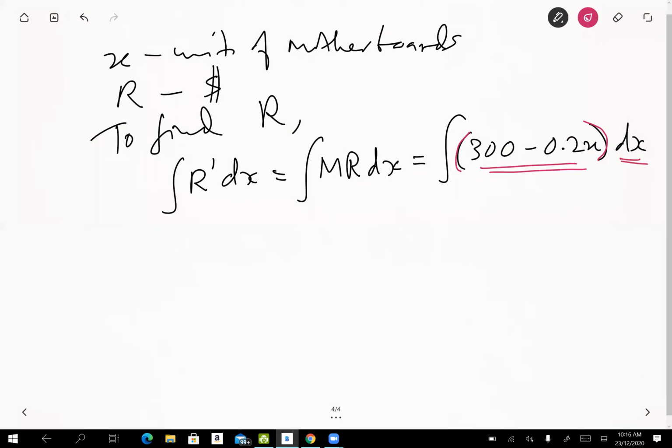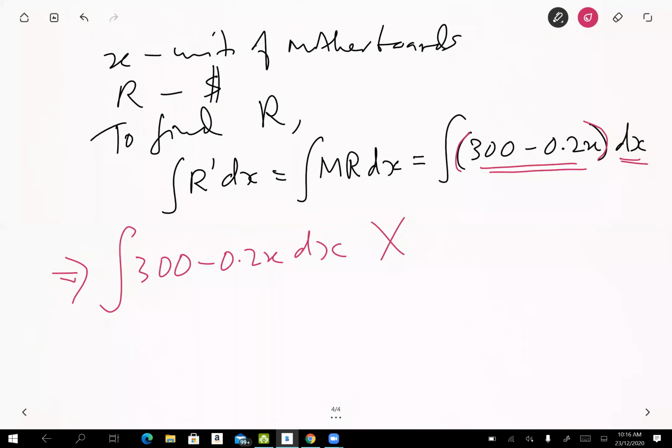A few people just put down 300 minus 0.2x dx without the bracket. That is wrong, because then you put the integral sign at 300 and the dx at 0.2, so it doesn't mean anything. So you must have that bracket.